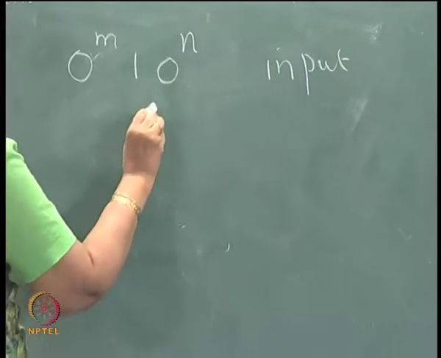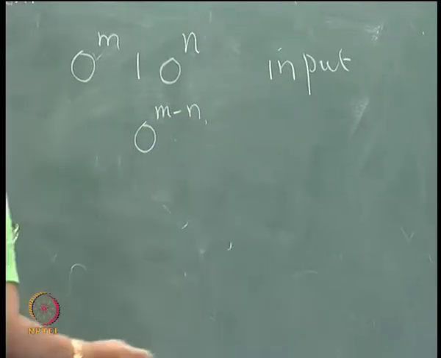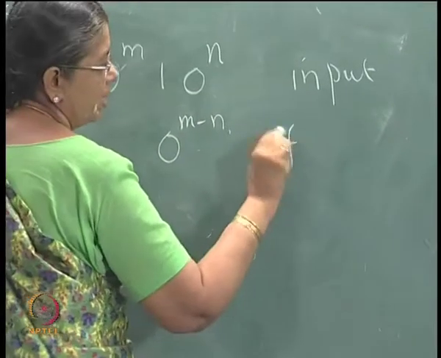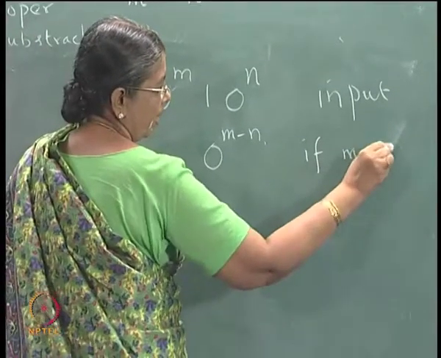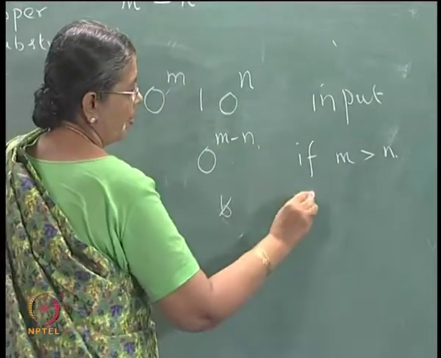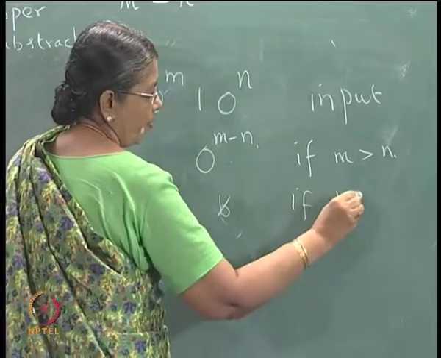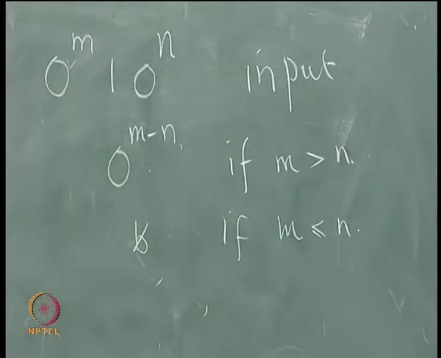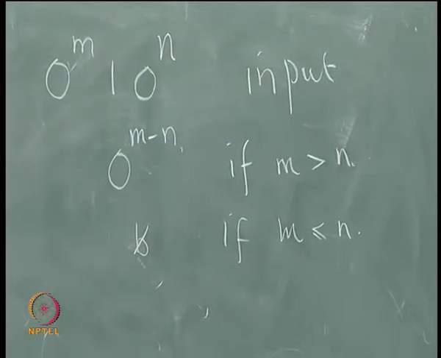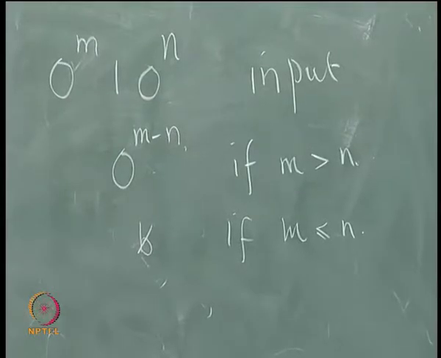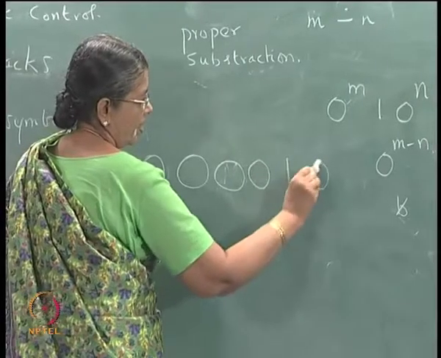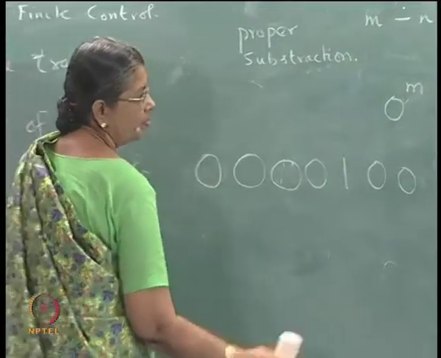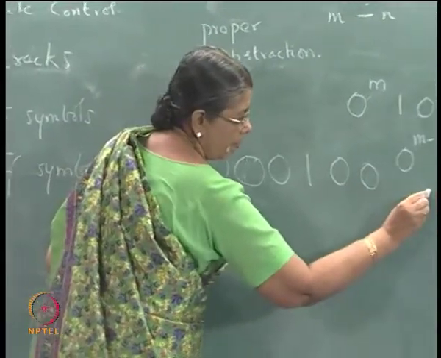You should end up with 0 power m minus n if m is greater than or equal to n, otherwise a blank tape. How can you do this? Suppose I have this blank tape, this is blank.